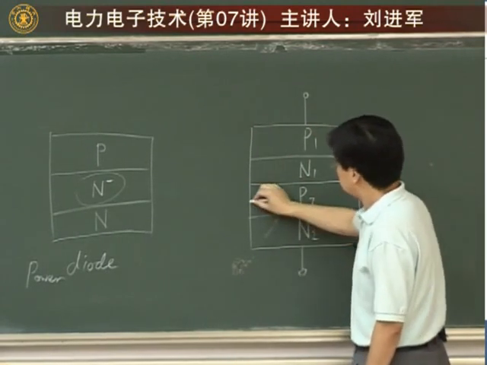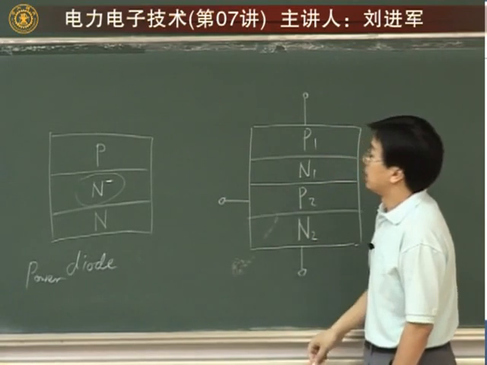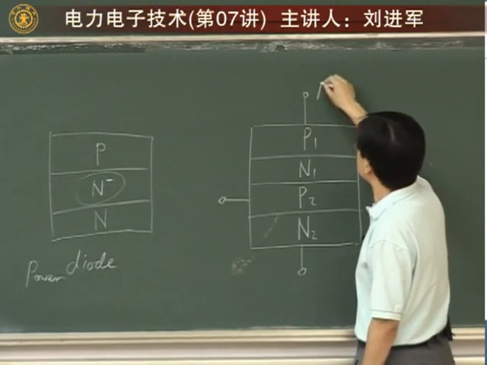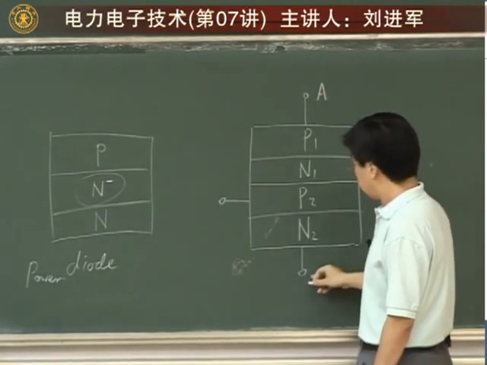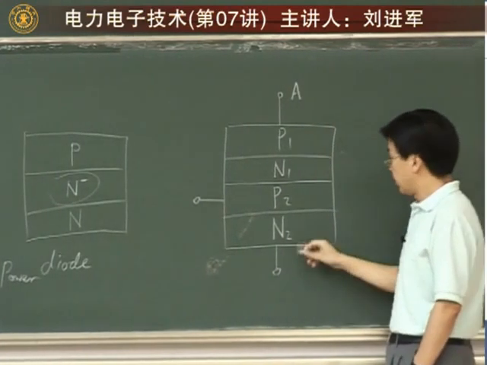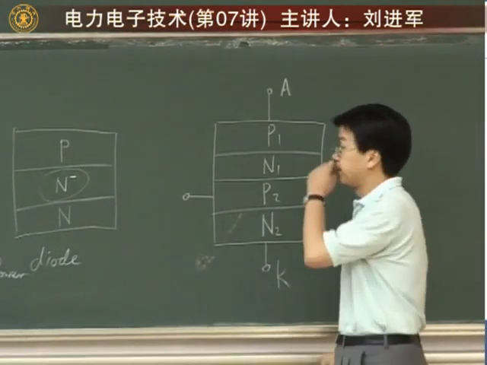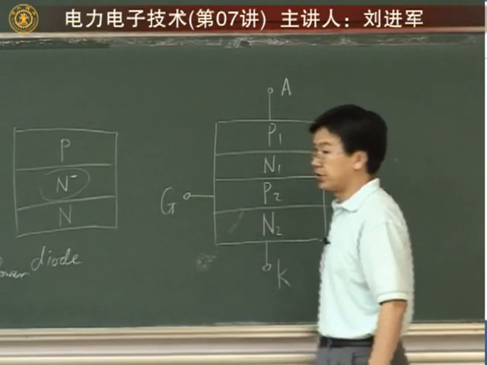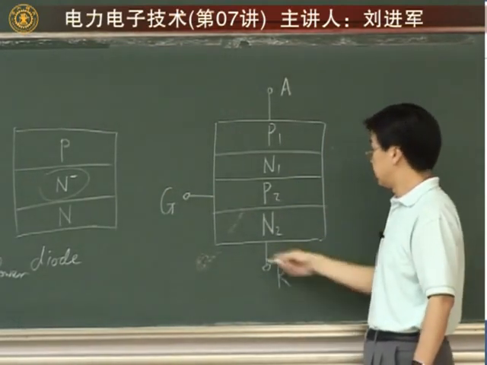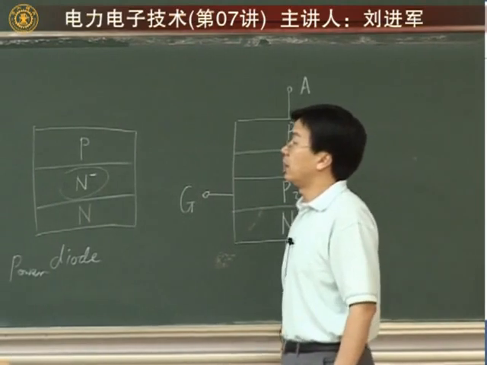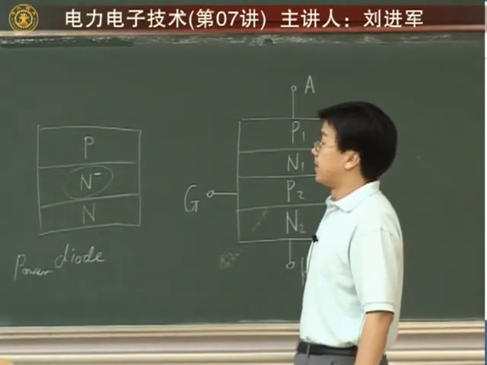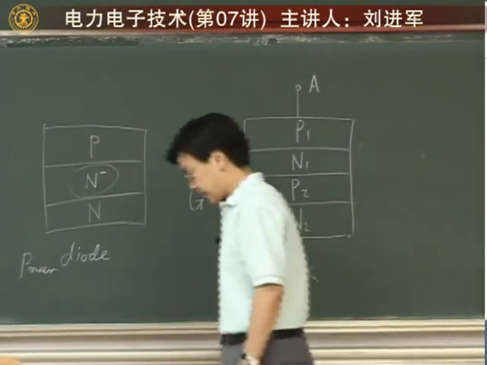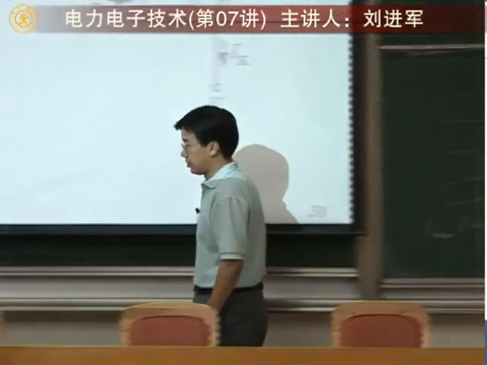The terminal connecting to the P1 layer is called terminal A. The one connecting to the N2 layer is called terminal K. And this terminal connecting to P2 is called terminal G. So this is the 4-layer structure for the thyristor. Not so complicated. PN, 4 layers.